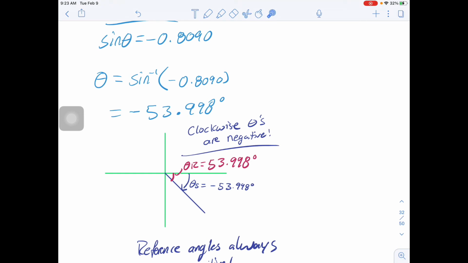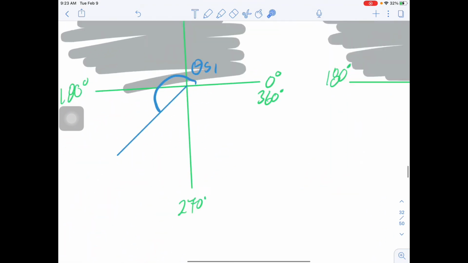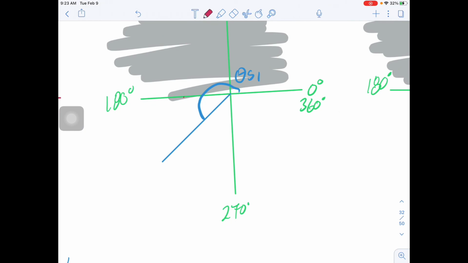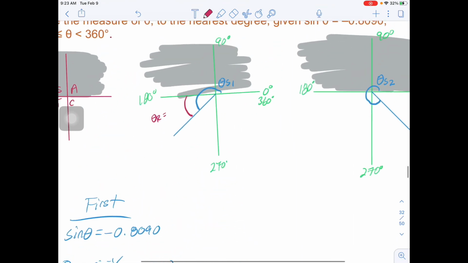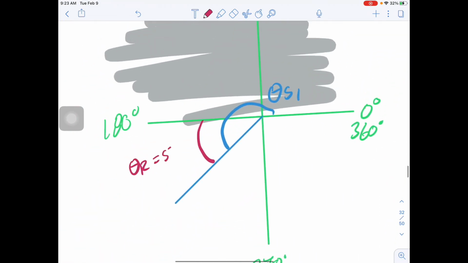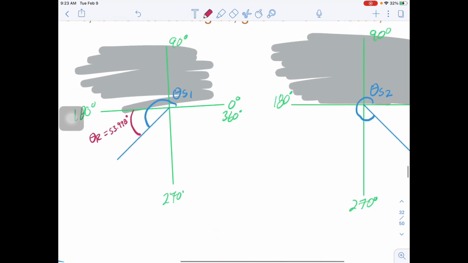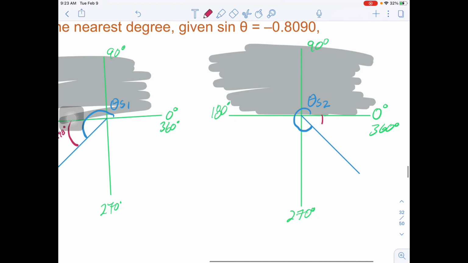So again, this standard angle has this reference angle, and all the standard angles that share that reference angle are the solutions here. So now we have found a very useful value, this reference angle, 53.998 degrees, because remember, reference angles are always positive.